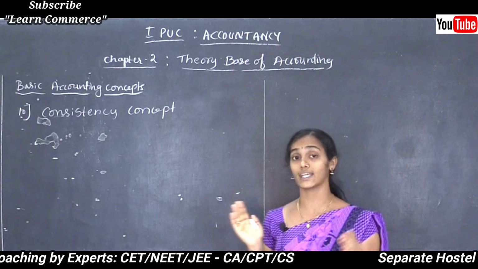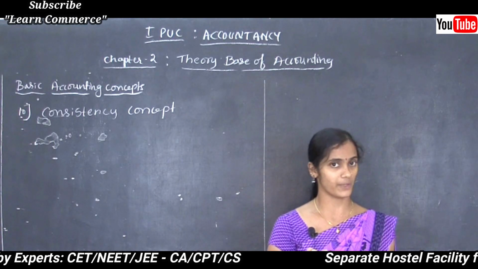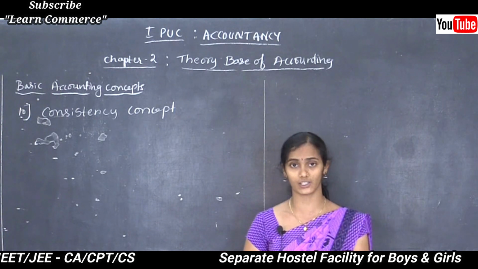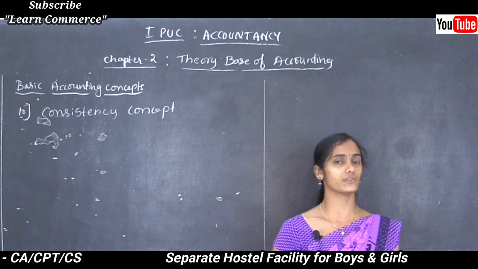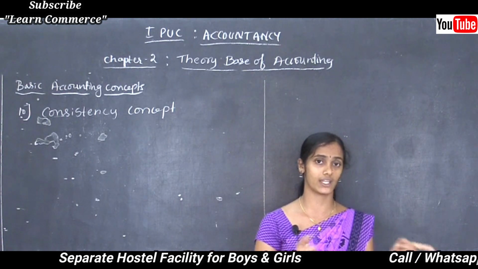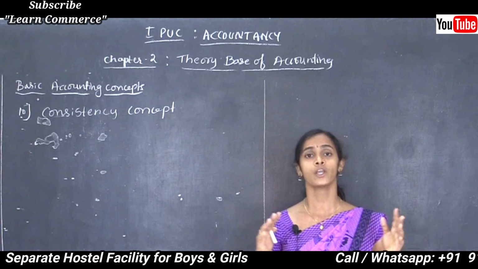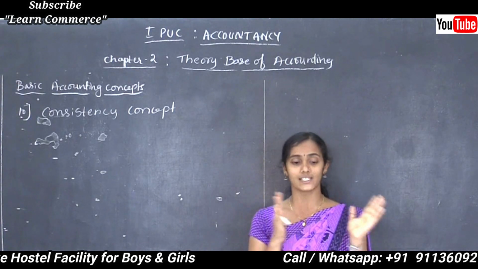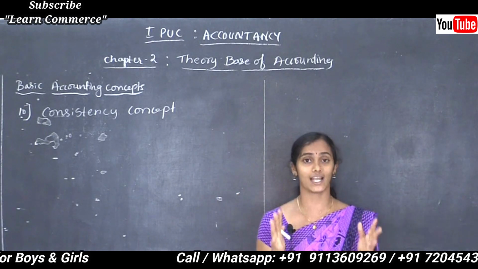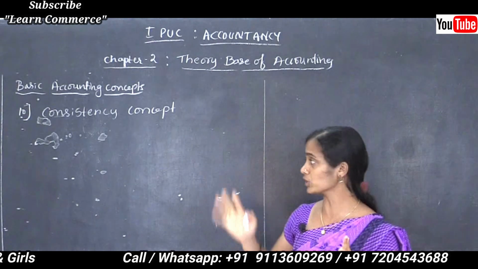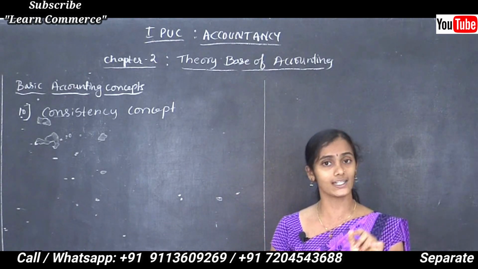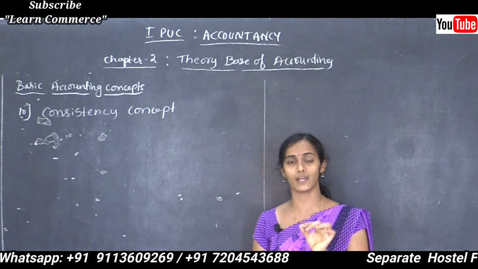Then only can they compare the financial performance of an organization with another organization, or compare the performance of that particular organization with another branch of its organization. So every accountant needs to follow the consistency concept, in order to maintain uniformity and consistency in preparing the financial statements.